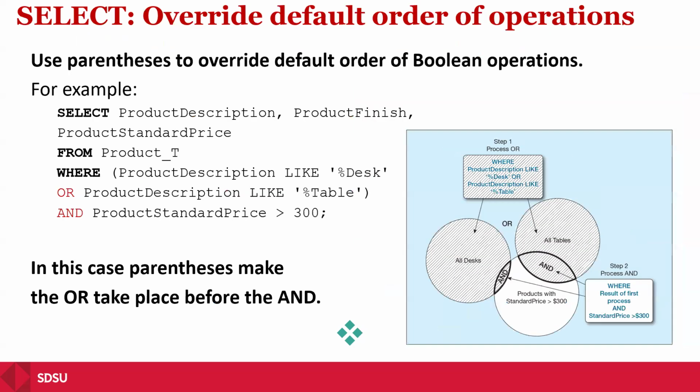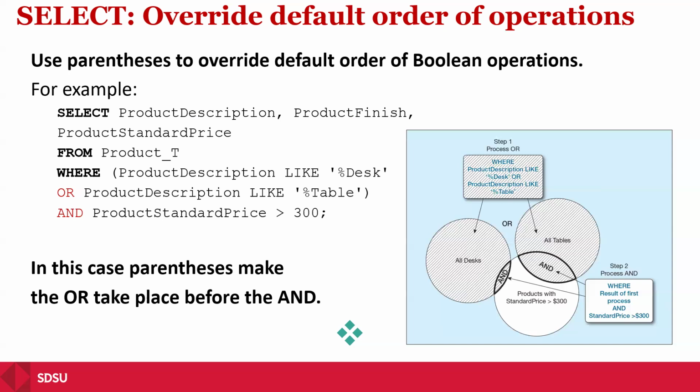Right? Now, there is a way to override the default order of operations, and the way you do it is you put parentheses around. So, for example, in this case, we are executing exactly the same query. However, the only thing that changes is we put parentheses around product description like desks or tables. In this case, we execute anything that is in the parentheses first. So we're going to get a list of all the desks and all the tables.